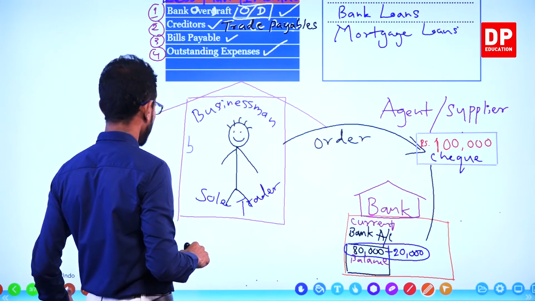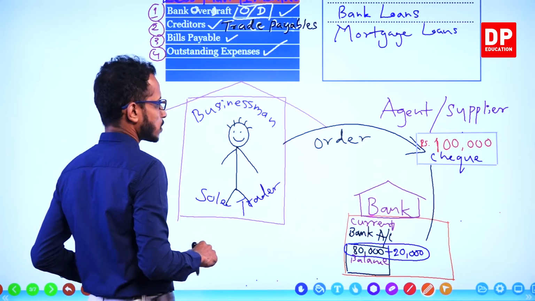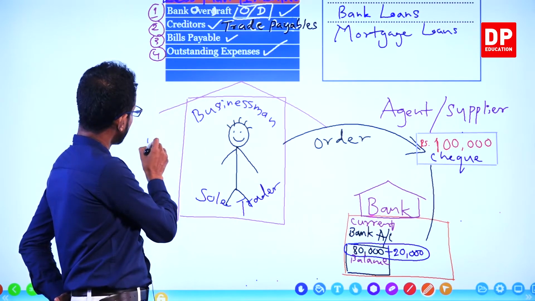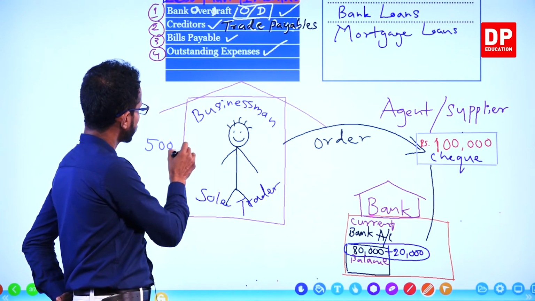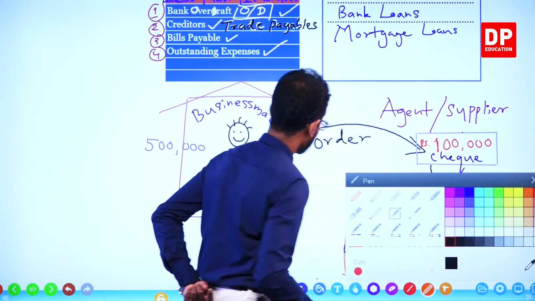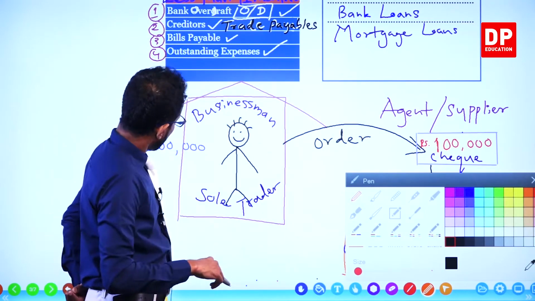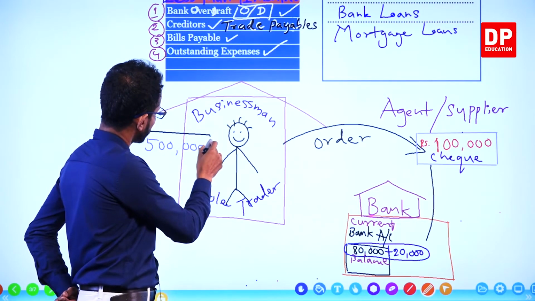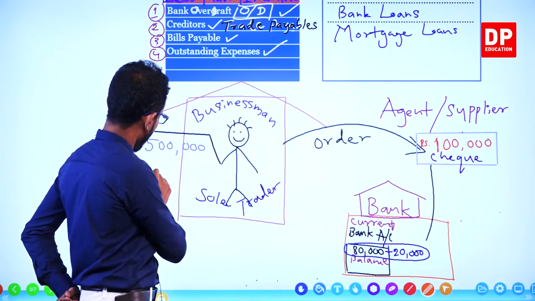Let's write the 500,000 somewhere over here. If I have invested 500,000 to start the business, out of this 500,000, that is mine.